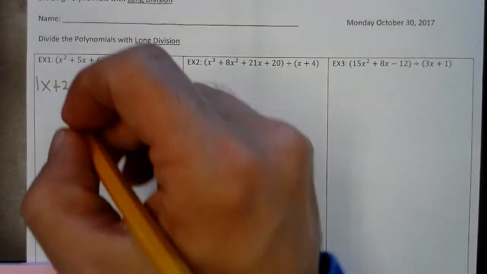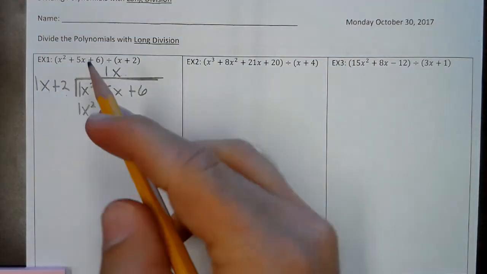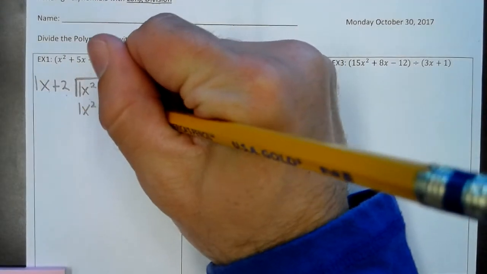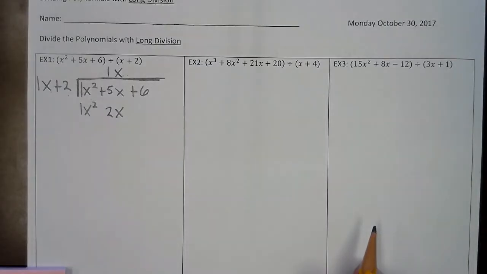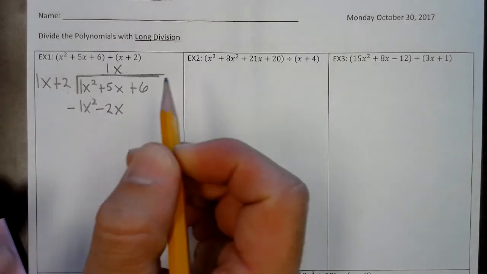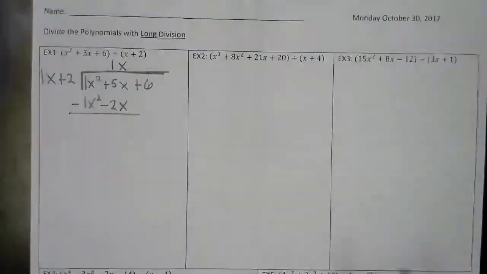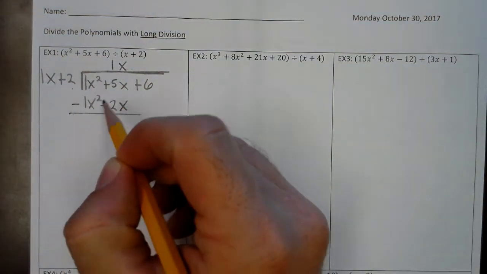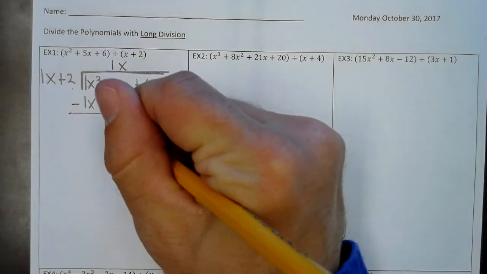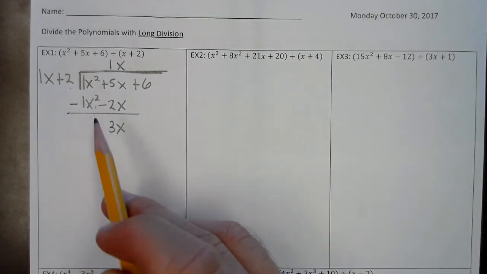Well, 1x times x is 1x squared, and then 1x times 2 is 2x. Then we subtract: x squared plus 5x minus x squared plus 2x. These cancel, and we get 3x. Now, if the first term doesn't cancel, then you did something wrong.